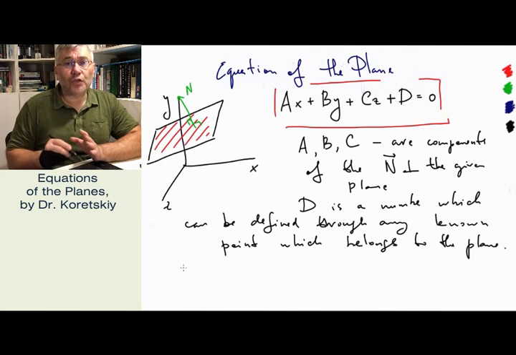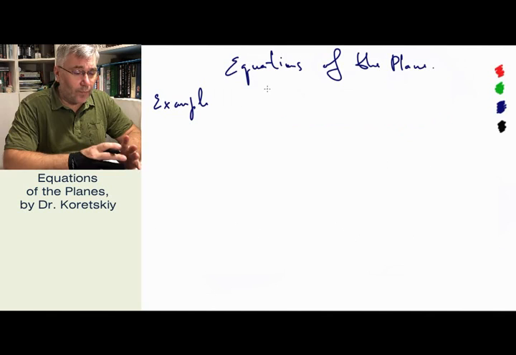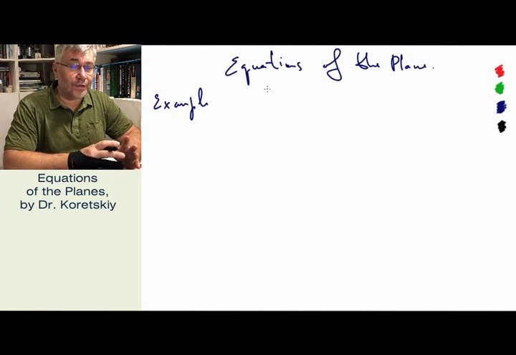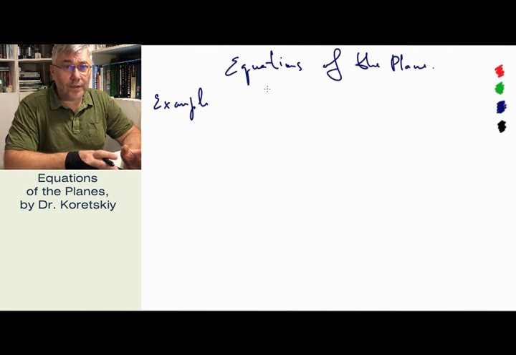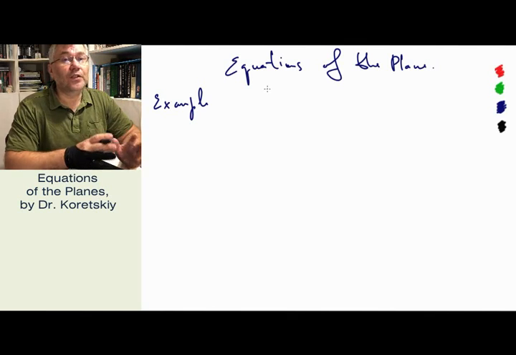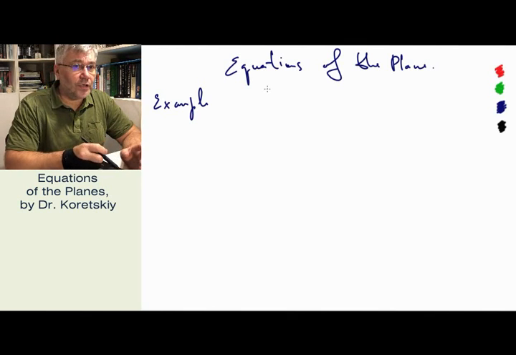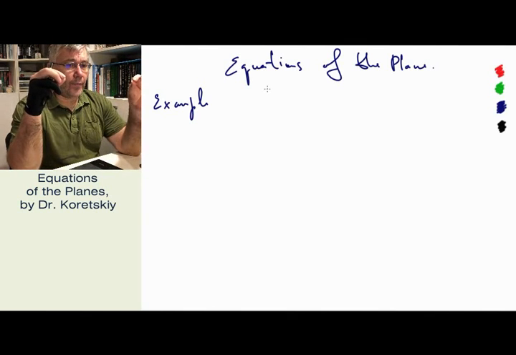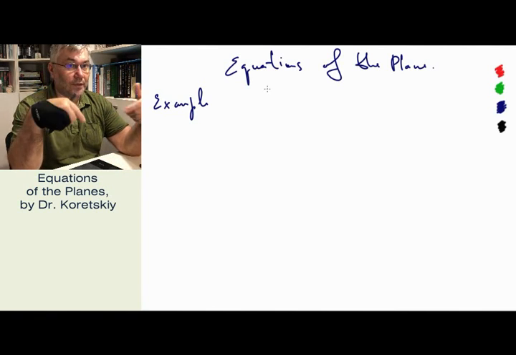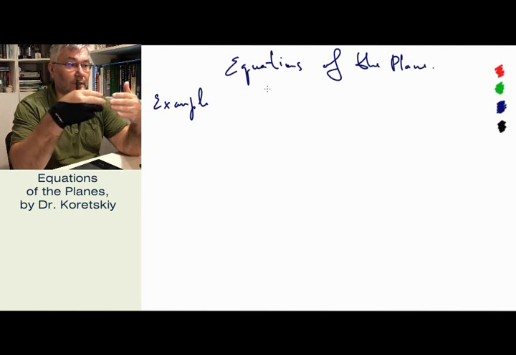So how does it work? To define a plane, we have to know 3 points, because if we know 1 point, there are an infinite number of planes which go through this point. If we have just 2 points, we still have an infinite number of planes, because we can use these 2 points as an axis and rotate the plane around them.